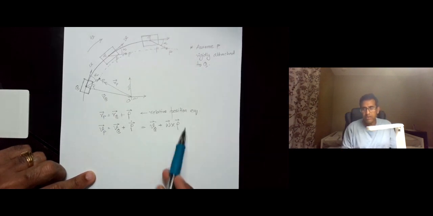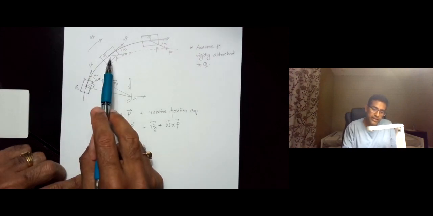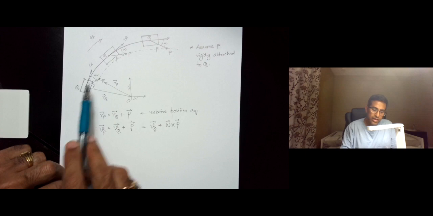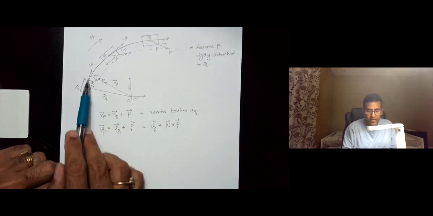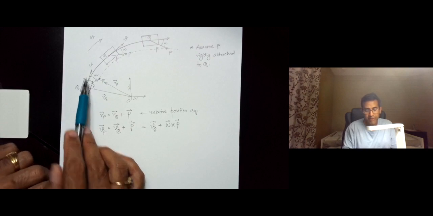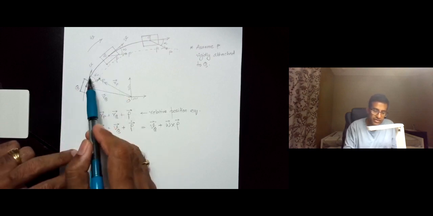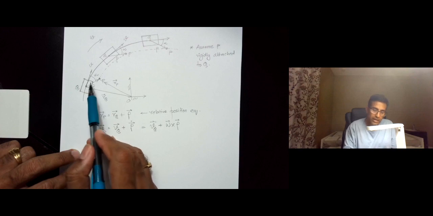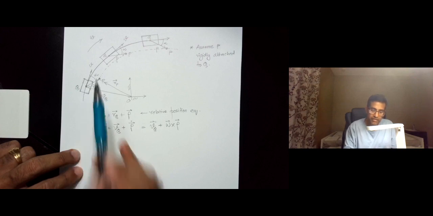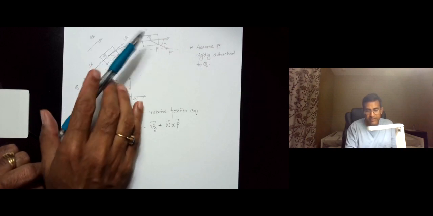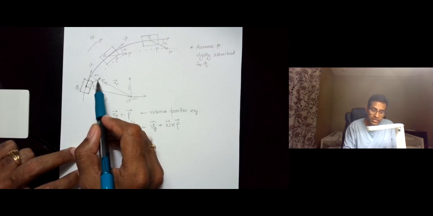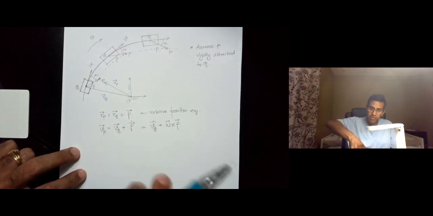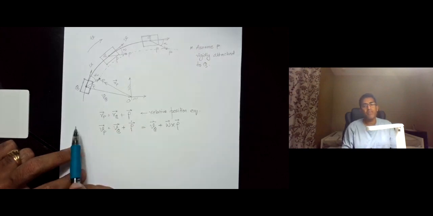So this omega cross rho is capturing the fact that as the reference turns, the relative position vector turns too. The reference here is the reference of the vehicle. In this reference you have this vector rho. Now the reference itself is turning, and because of that turn, it causes a turn in the absolute sense of the vector rho.